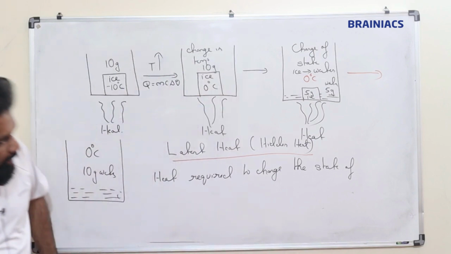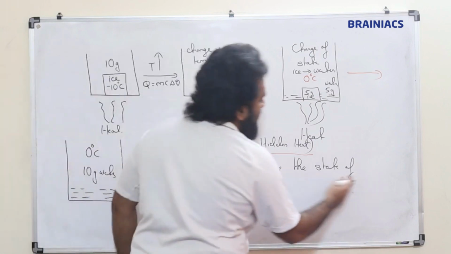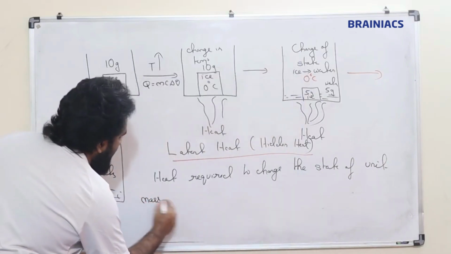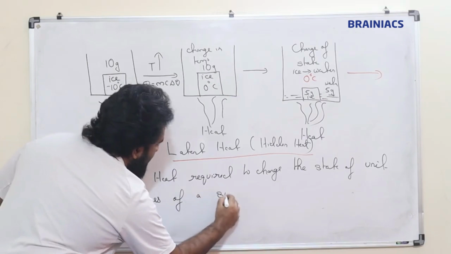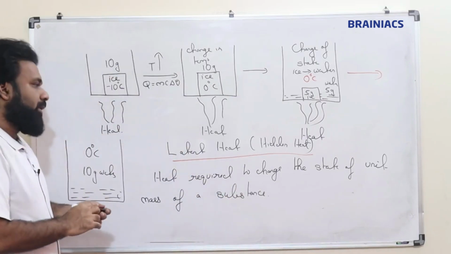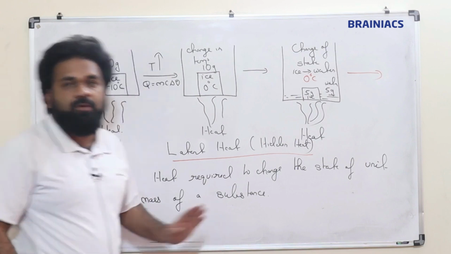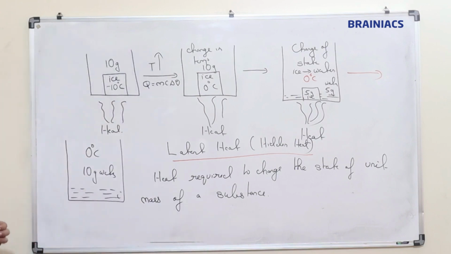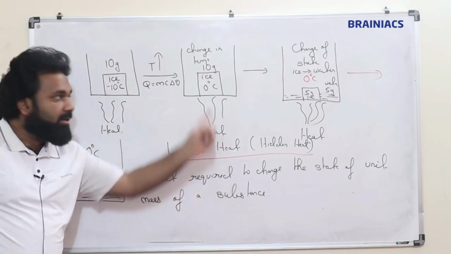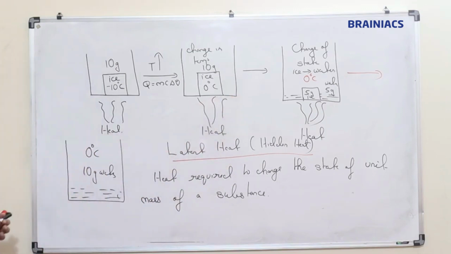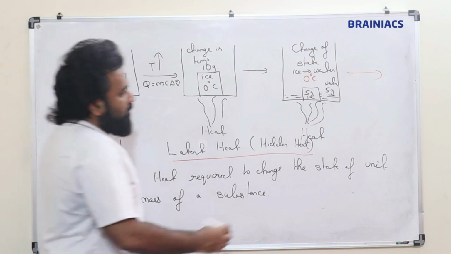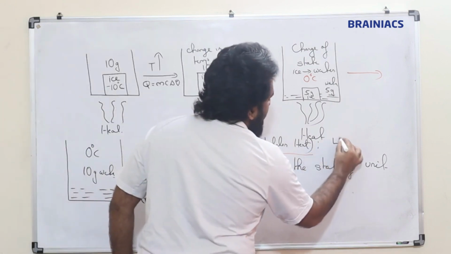So I can say the heat required to change the state of unit mass of a substance. Clear? That is what latent heat is. Hidden heat, the heat required to change the state. Temperature will not change here. Clear? So we denote it using the letter L.